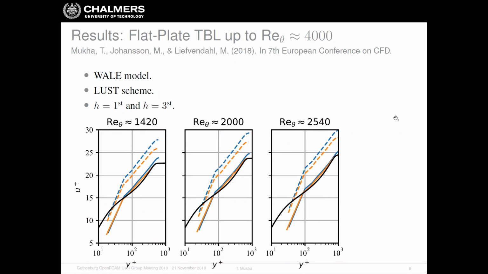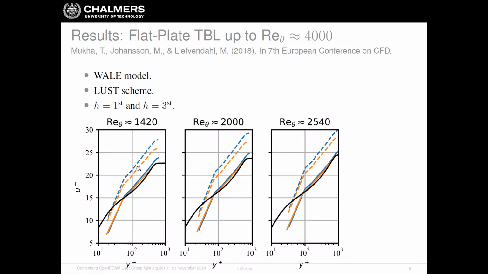Now, here we instead have mean velocity profiles, in inner scaling, at three different downstream locations corresponding to these Reynolds numbers for which we have DNS data, shown in black here. Otherwise the legend is the same. Since we're looking here in inner scaling, we have the effect of the underprediction of the tau wall or CF that we saw in the previous slide.